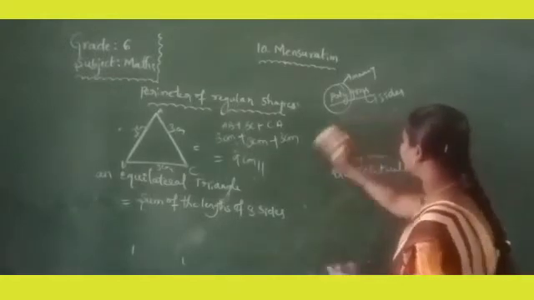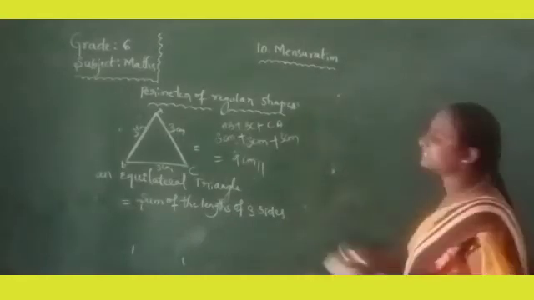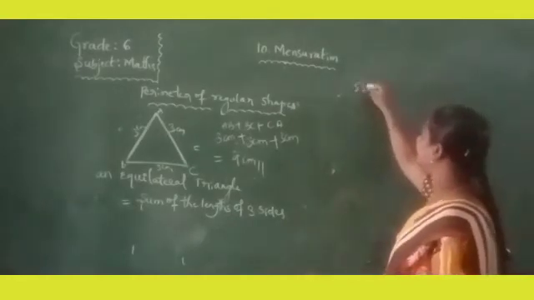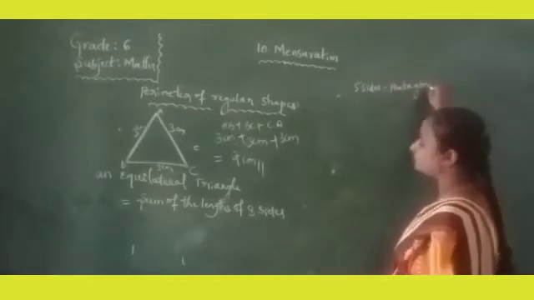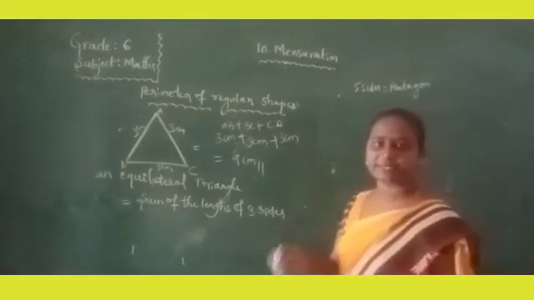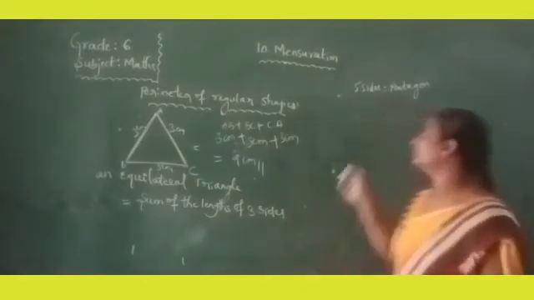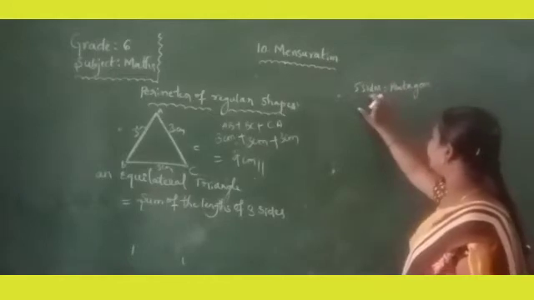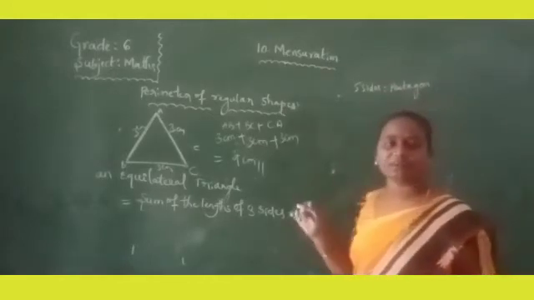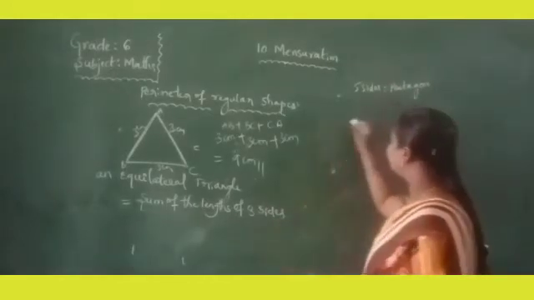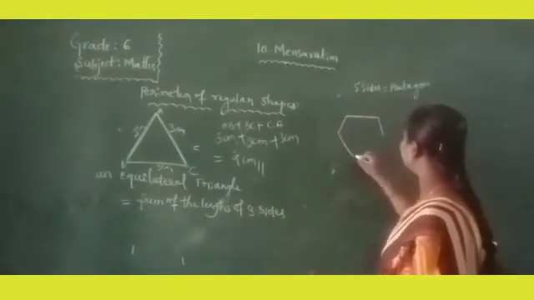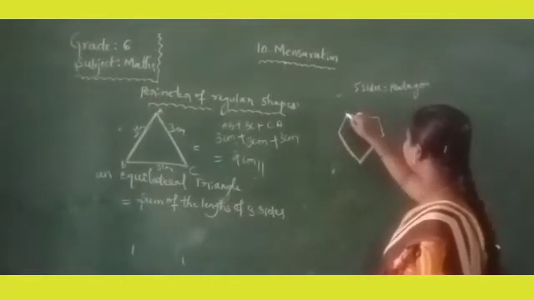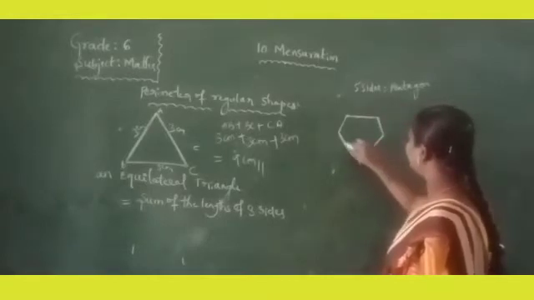If there are more than 4 sides, if a figure has 5 sides, we call it a pentagon. In the 5th chapter, Understanding Elementary Shapes, you learned that any figure having 5 sides is called a pentagon. It has 5 sides: 1, 2, 3, 4, 5.